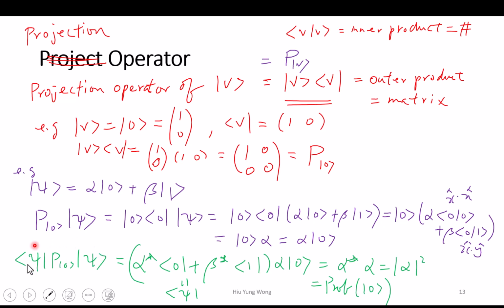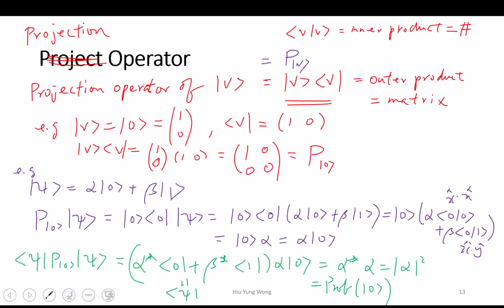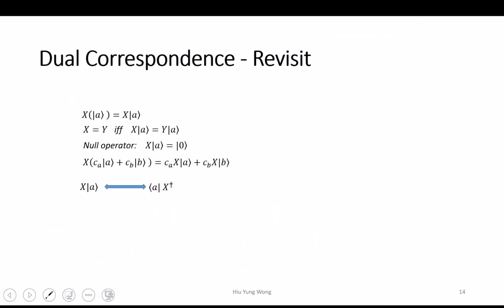And if you take what we call the expectation value of this projection operator, you will get the probability of that state. Now, this can be generalized to many things, right? It will be useful in the future. But this is a good way to appreciate the outer product, the Hermitian matrix measurement, and projection operator. So please try to understand.